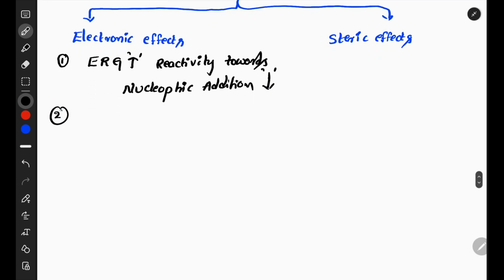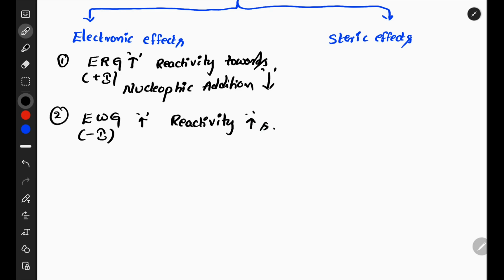But when electron withdrawing groups, that is negative I groups, increase, reactivity increases. And steric hindrance, or steric crowding, is inversely proportional to nucleophilic addition reactions.